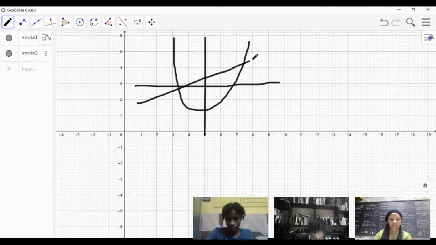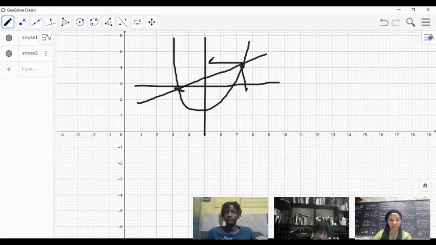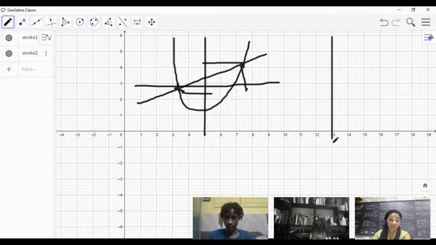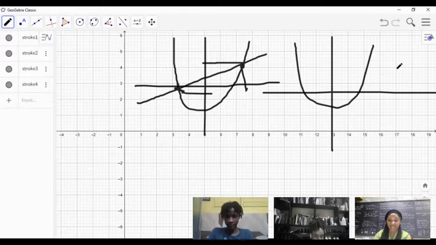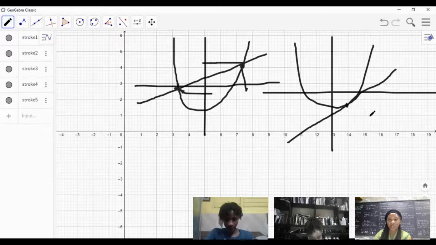Usually the line will come in and intersect the parabola at two distinct places, and we can take our x reading and our y reading for both of them. It could happen where the line comes in at a tangent and just barely grazes the parabola, at which point we would say we have one solution, or more accurately, two solutions that are identical, right?